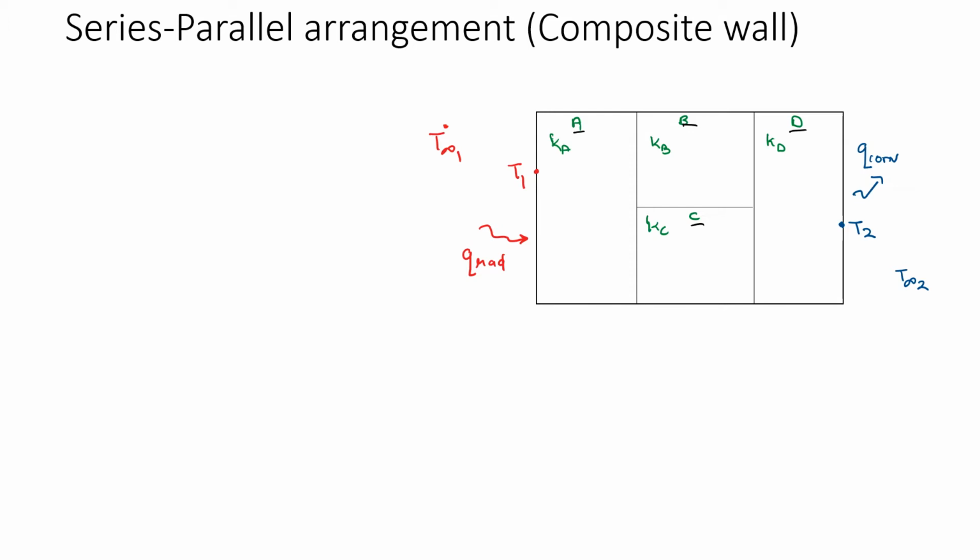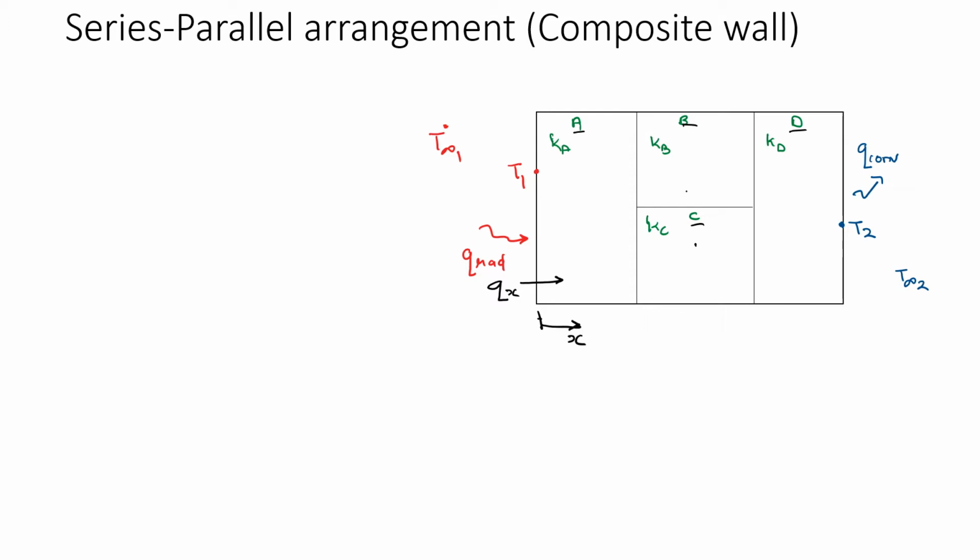Now we will assume this is one directional heat transfer, so heat is just flowing in, let's say, the x direction, and this is your x direction, and the block in between is divided into two, so you have Kb and Kc, which compose the block in between.